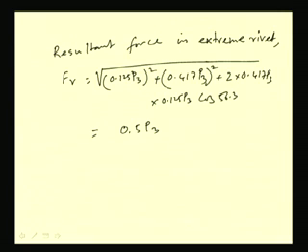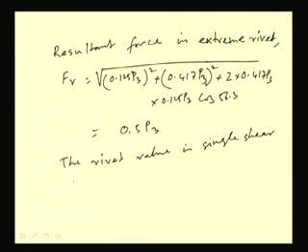Now, the rivet value in single shear will become 36.3, as we have calculated earlier. The resultant force should not exceed the rivet value.